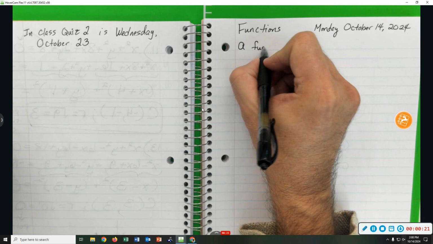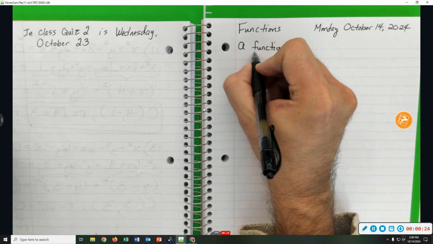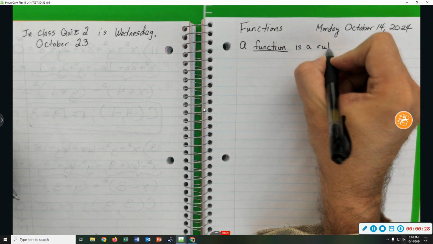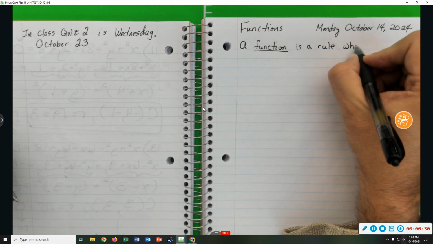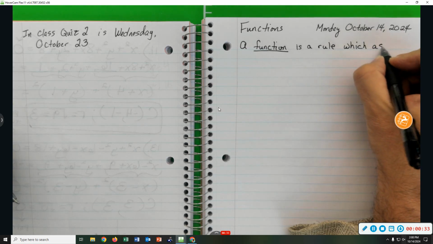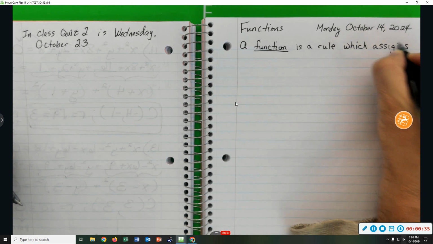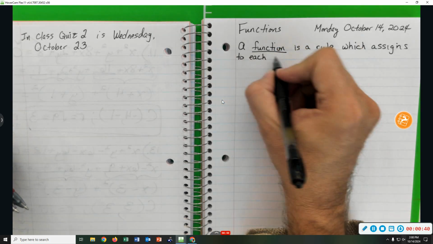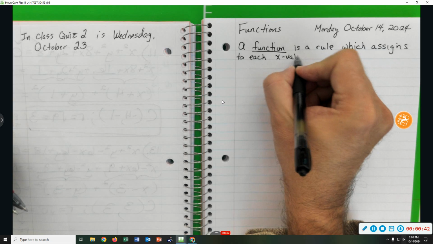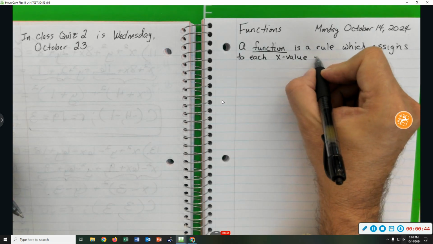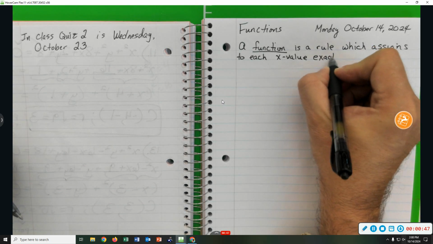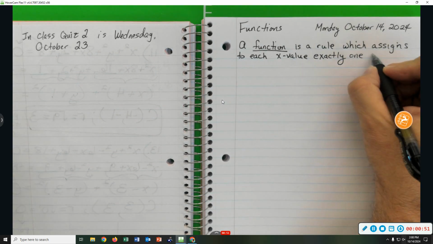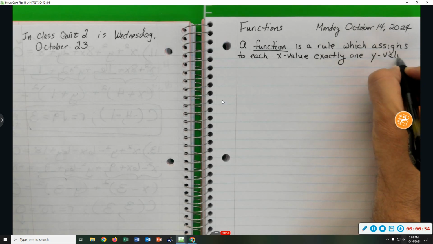A function is a rule which assigns to each x value exactly one, not two, not three, only one, exactly one y value.